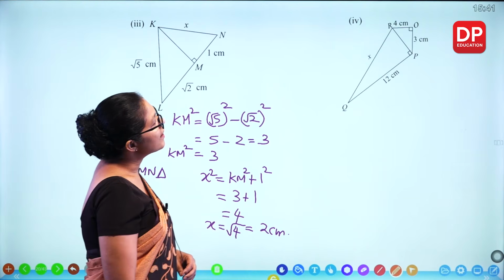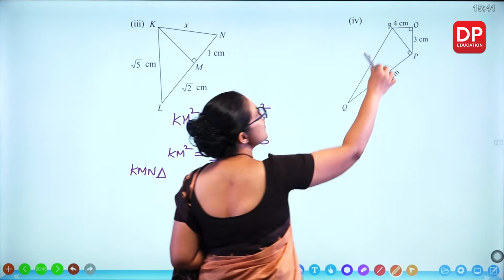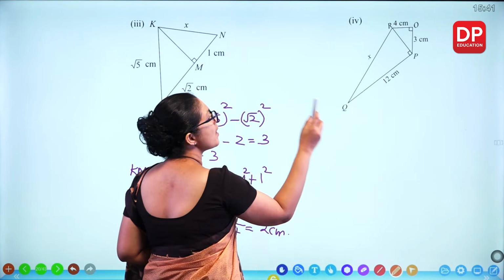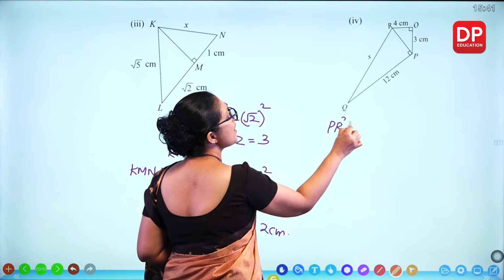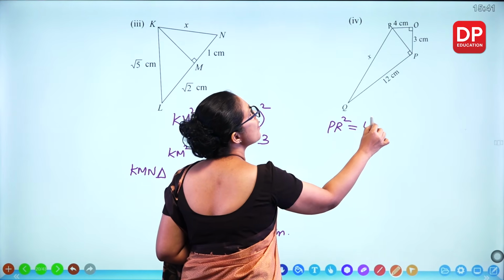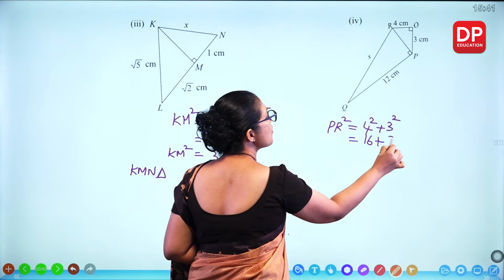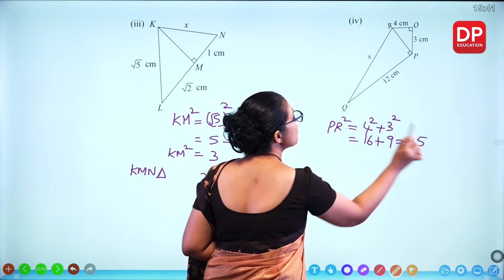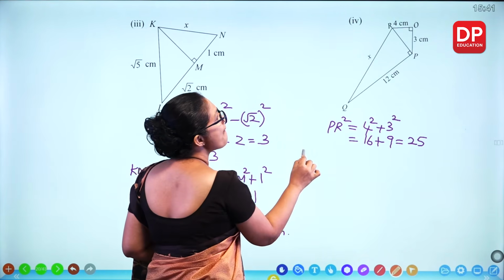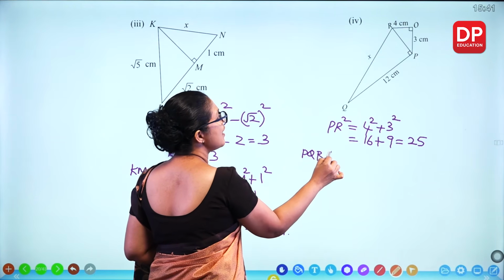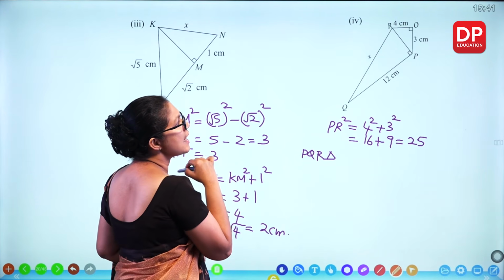For this one, x is here, but first we need to find out PR squared. First find PR squared, that's 4 squared plus 3 squared. 4 squared is 16, 3 squared 9. You get 25. Now use PQR triangle and apply Pythagoras theorem again.